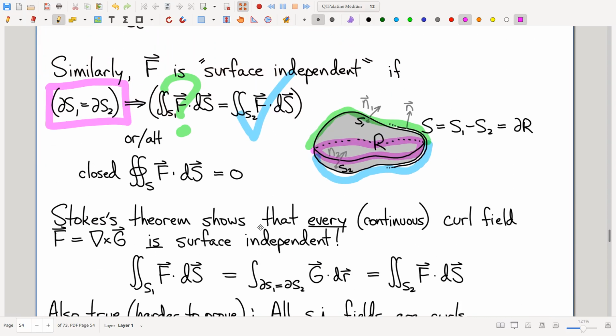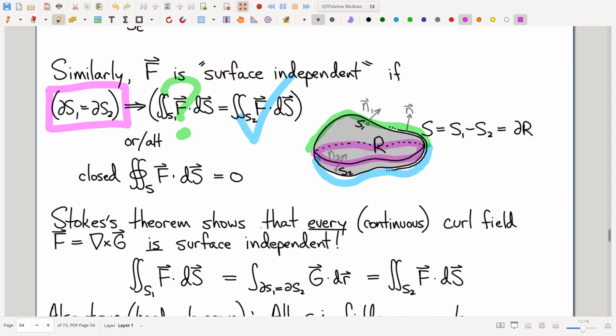Surface independence means, again, throw away your old surface. You don't need it anymore. Just pick any new surface you like as long as it's got the same boundary, and feel free to use that new surface. And of course, hopefully this is obvious, when we pick our new surface, we're going to pick with laziness in mind, right? We're going to self-servingly pick the easiest new surface that we can think of, because why would we do anything else?